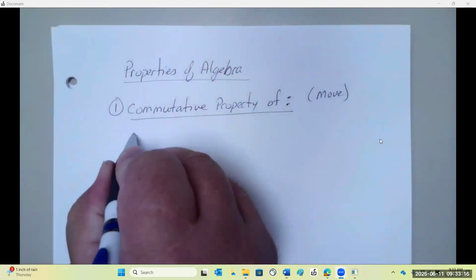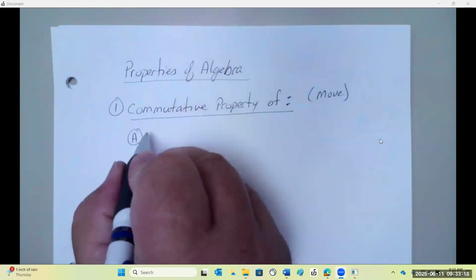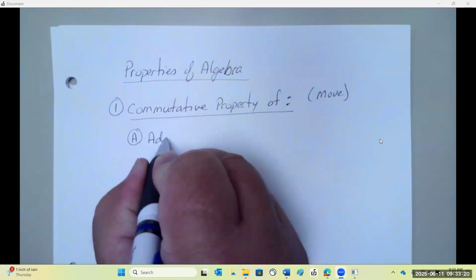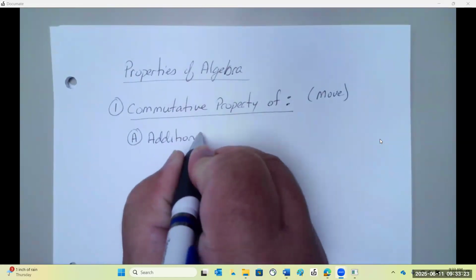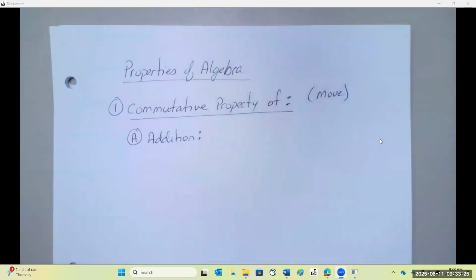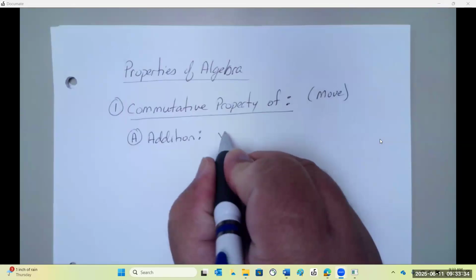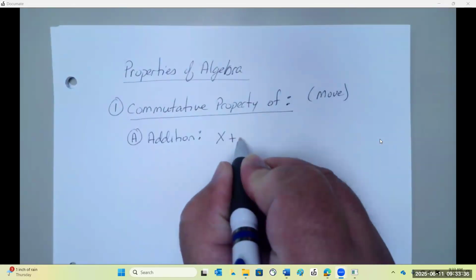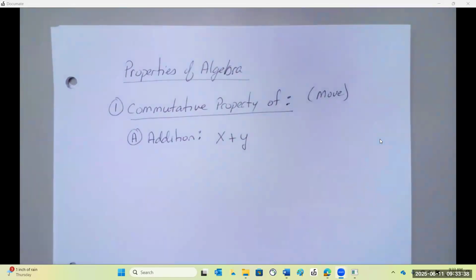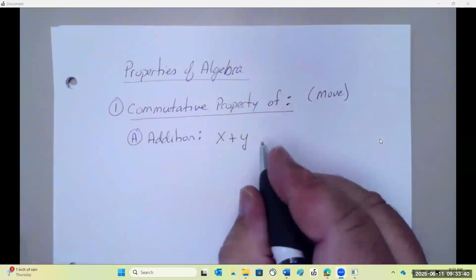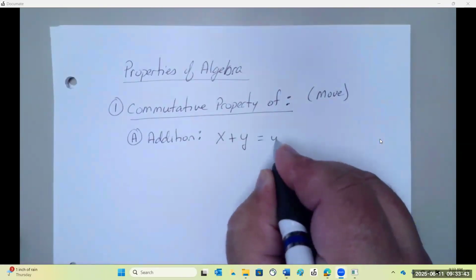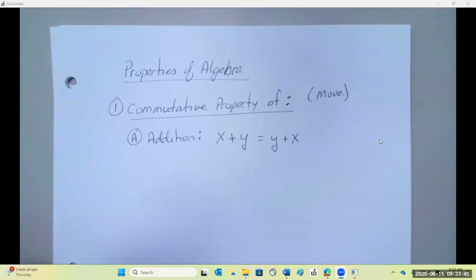So the first one we're going to talk about is the commutative property of addition. What this one says is if we have two numbers, x and y, any number x, any number y, if we add them together, that's the same thing as if we take y plus x and put them opposite ways.